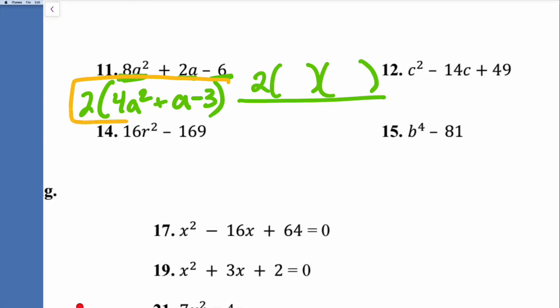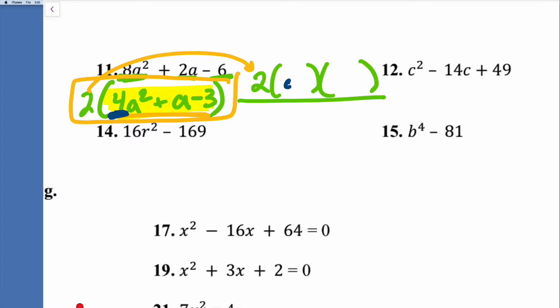This is my next starting point. So as you can see, I transferred my 2 over, and now I know that this middle term here, highlighted in yellow, needs to turn into a binomial. And if I look at it carefully, this can be kind of tricky too, because they have a 4a here, right?